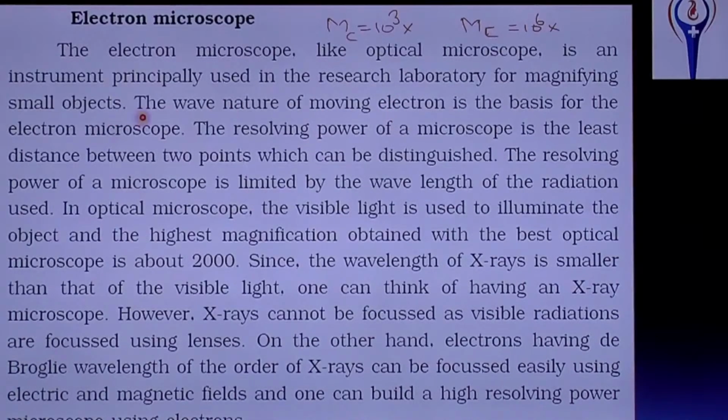Even electrons and protons can be seen only through an electron microscope. The wave nature of the moving electron is the basis for the electron microscope. The resolving power of a microscope is the least distance between 2 points which can be distinguished. Already I said, two closer objects appear as separable ones, that is the resolving power. And the resolving power of a microscope is limited by wavelength.